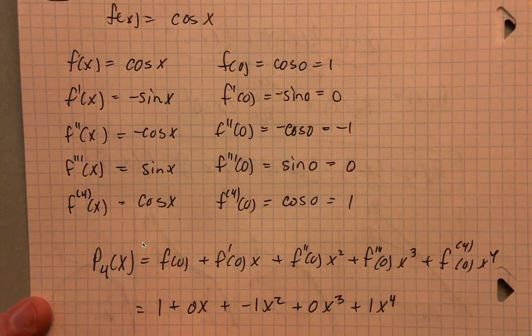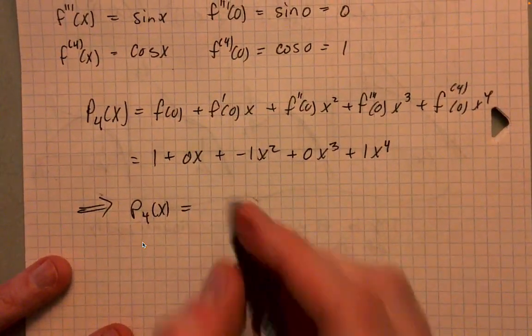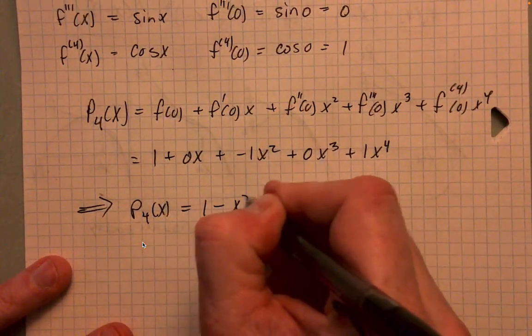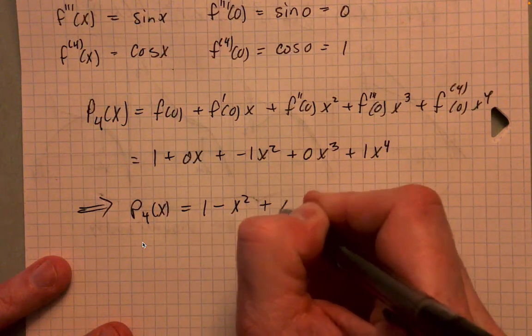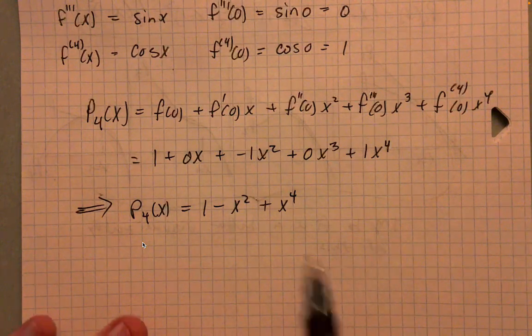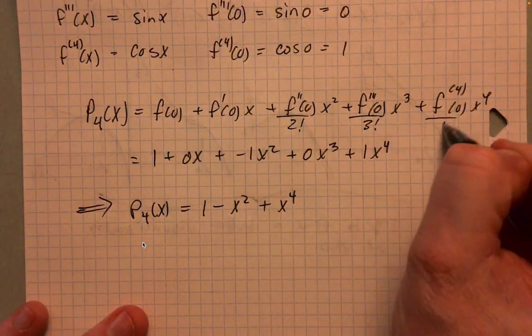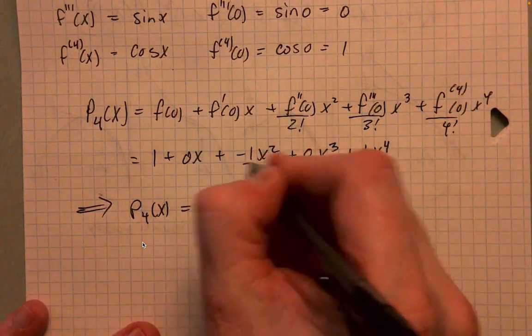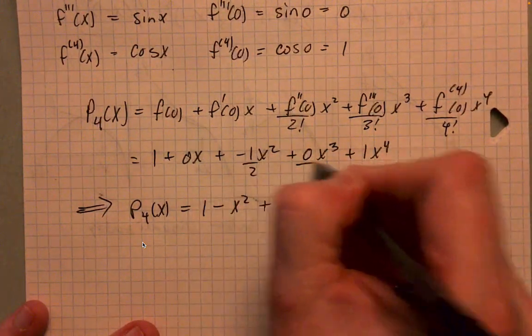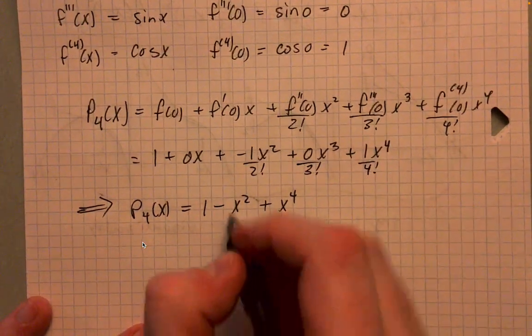So that means P sub 4 of x is equal to 1 minus x squared plus x to the fourth. Shoot, I forgot this would be over 2 factorial, 3 factorial, 4 factorial. Sorry about that. Left a little something out there.